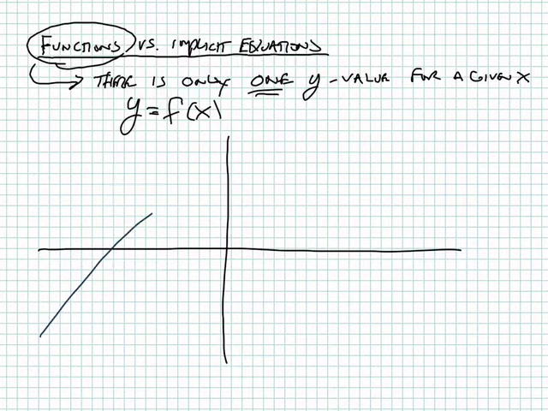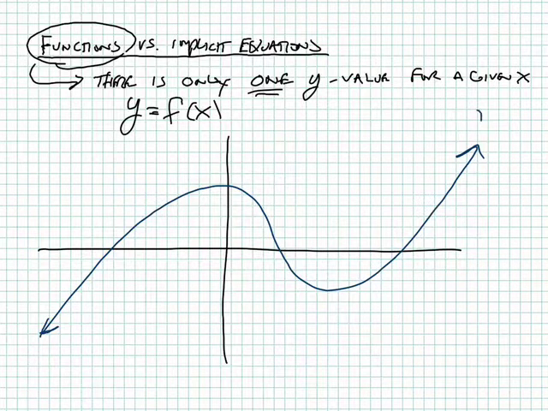But let me just draw a random function. So this is the function y is equal to f of x. Now, I'm going to employ the vertical line test. If I draw any vertical line, as long as there's only one value of y for a given x, then I can say that this is a function or an explicit equation.